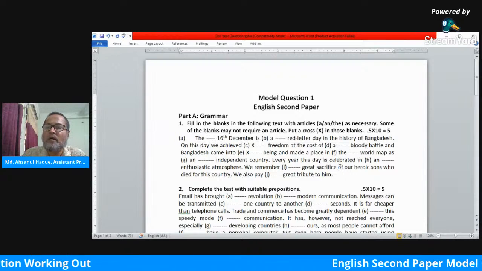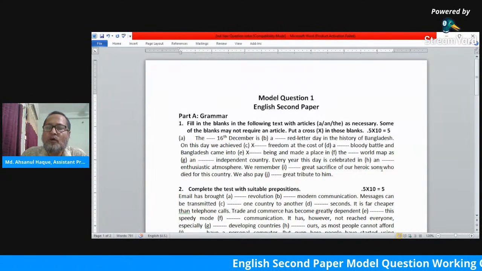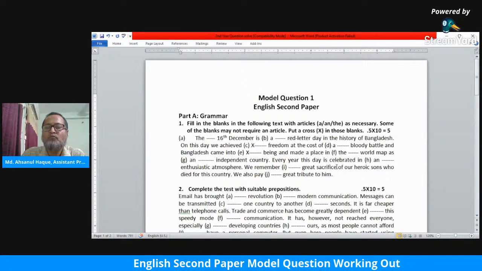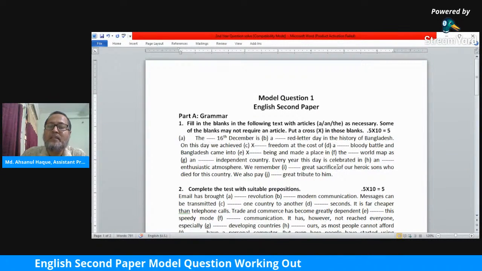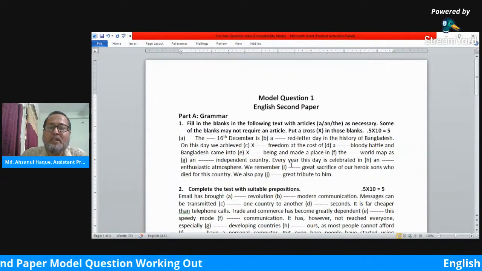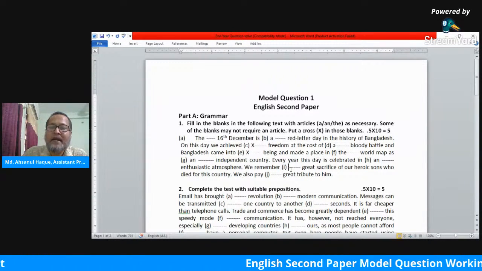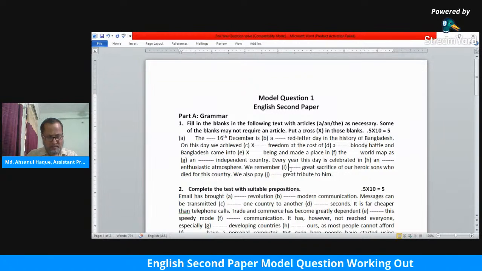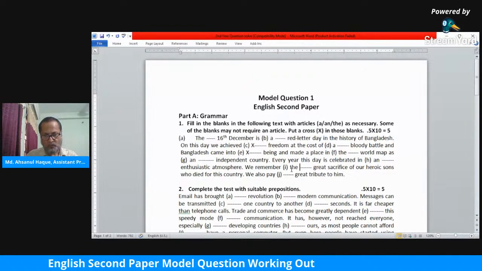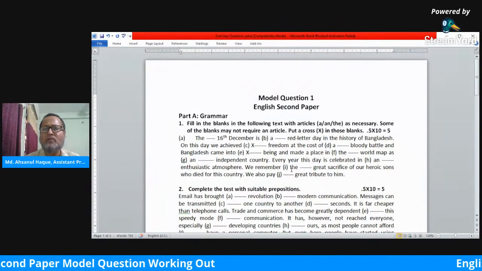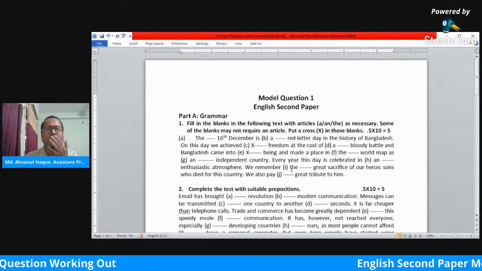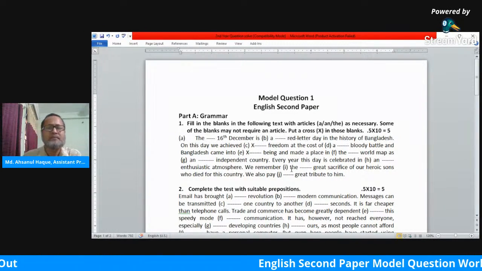The sacrifice of our heroic sons. So the noun has been made definite, and we must use the definite article before it. So we remember the great sacrifice of our heroic sons who died for this country.